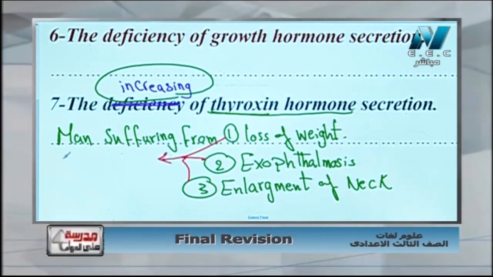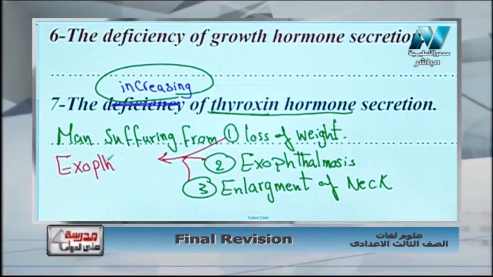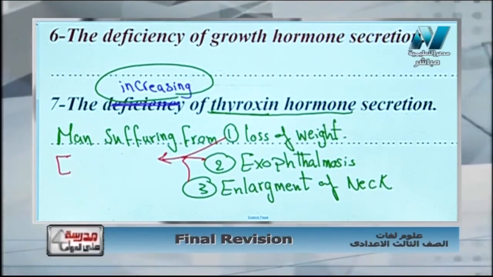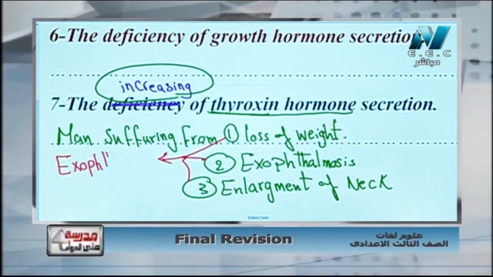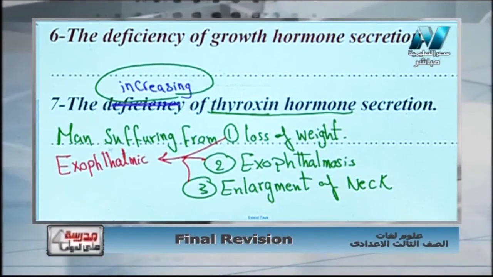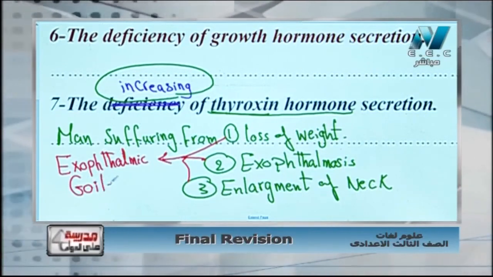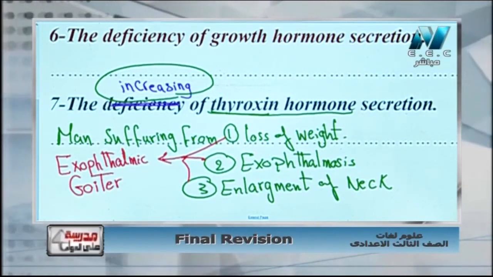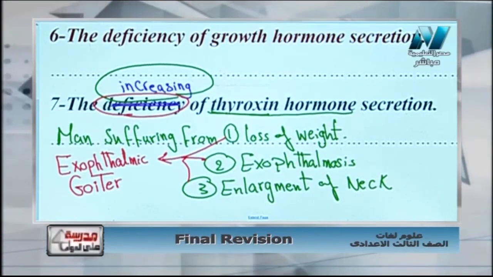Is the symptom of exophthalmic goiter. المرض ده اسمه exophthalmic goiter. طبعا لو في deficiency بقى كان هيبقى اسمه simple goiter اللي هو the answer of the previous question.